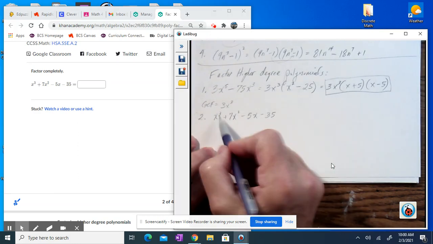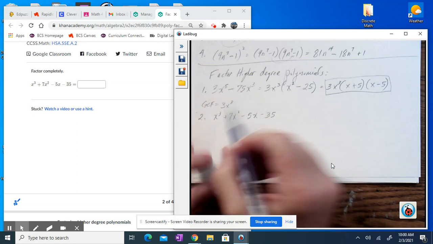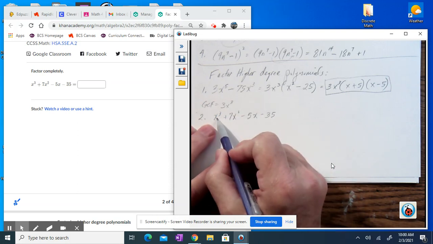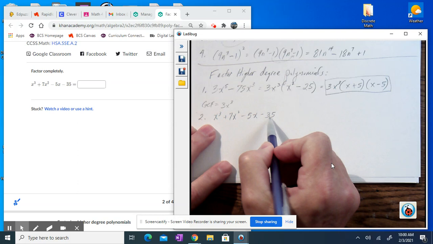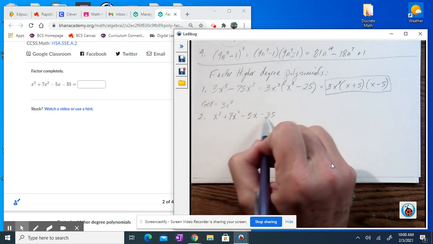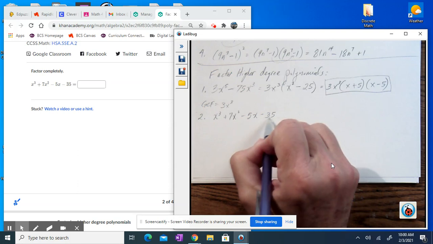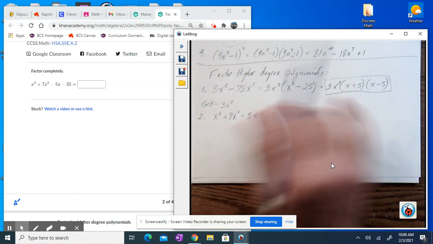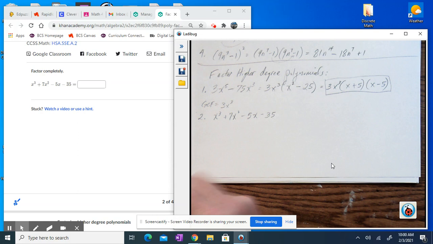First, same thing. I want to look: do they all have something in common? They don't even all have an x. This one has an x, this one does not. So you can't factor out an x. You can't factor out a 7 because the 7 won't go into them all evenly. You can't factor out 5. So there's no GCF here.